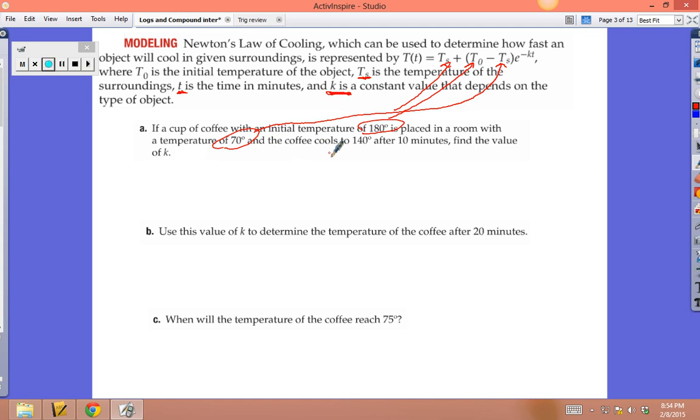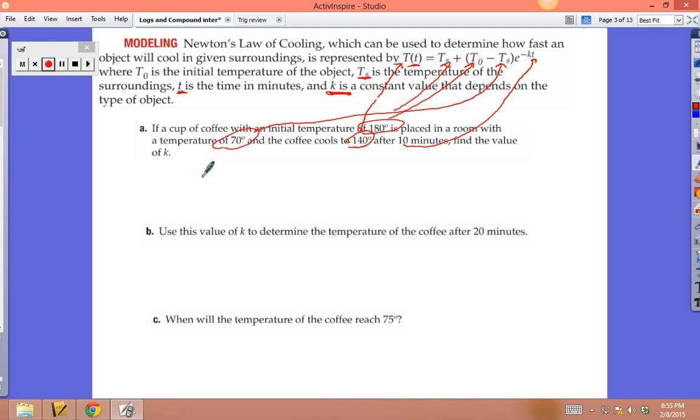And the coffee cools to 140 degrees. 140 degrees is the temperature of the coffee based on time. And time is going to be 10 minutes. So the only thing we don't know is the k. We don't know the rate at which coffee cools. So it's kind of a liquid object, I guess. So let's find that out.